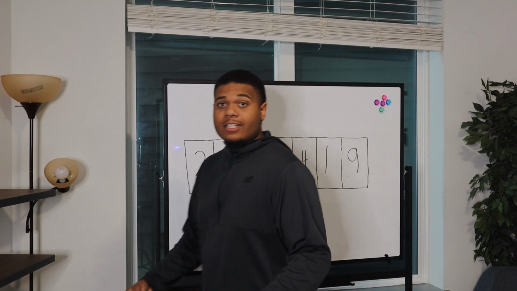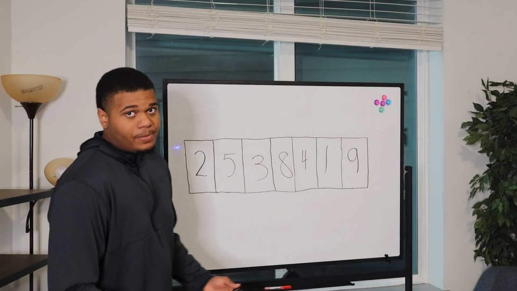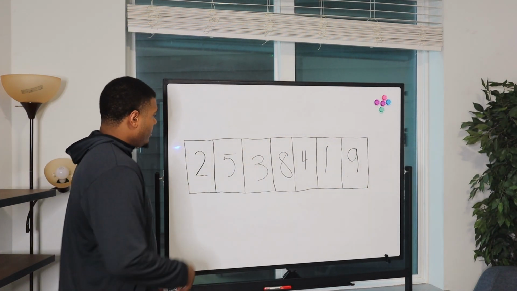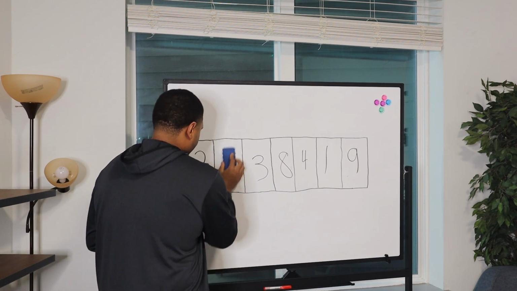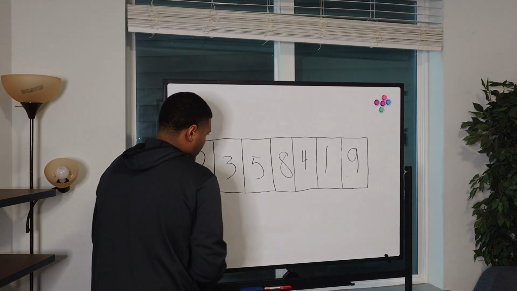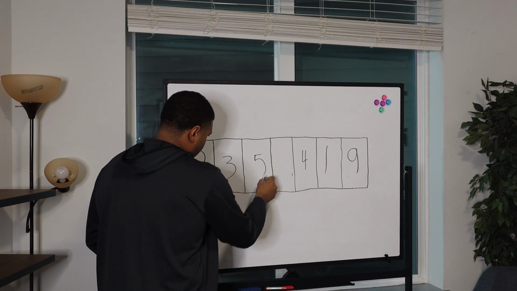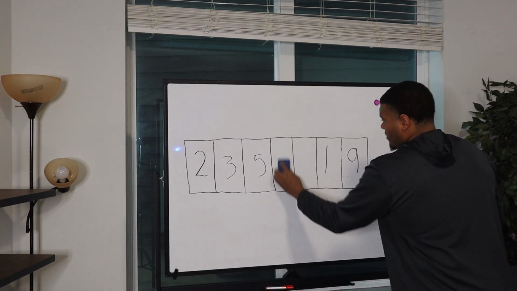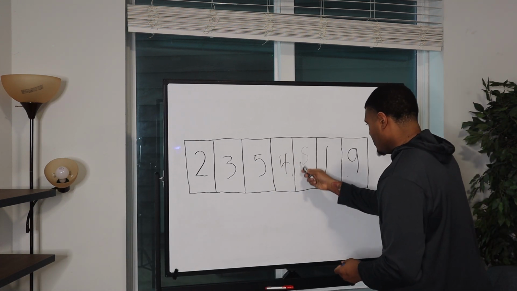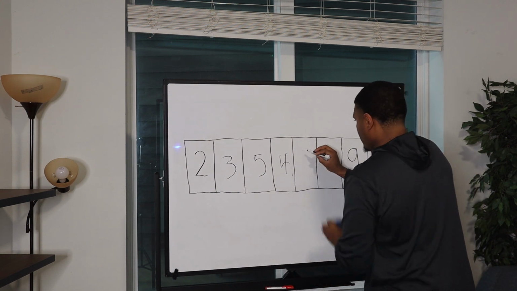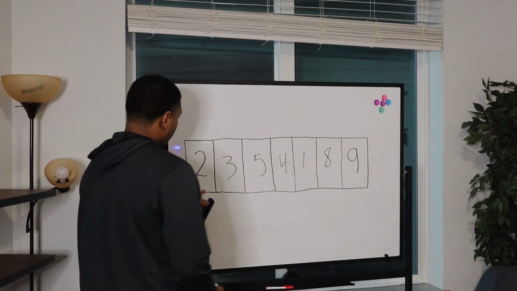So I'm going to speed things up a little bit because it is a little bit simpler, so y'all can just see me do it. So here's the end of the second iteration.